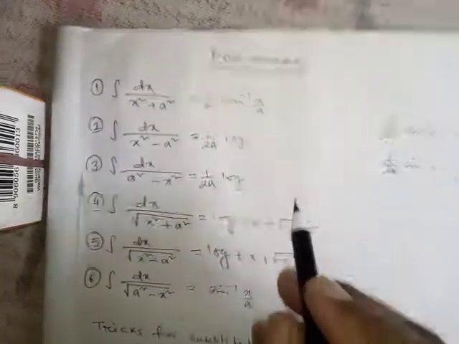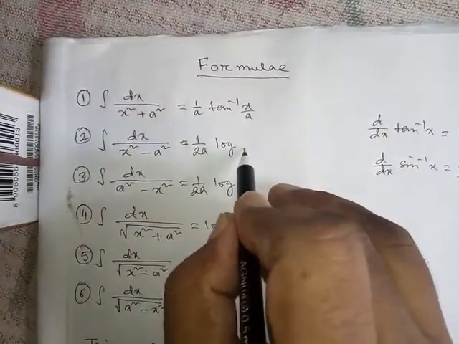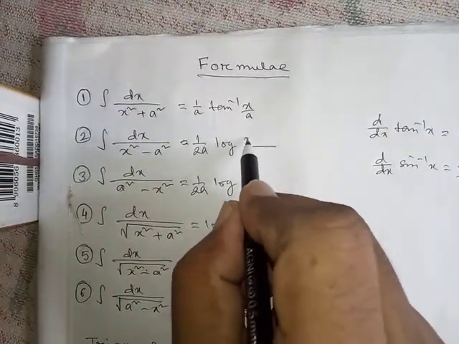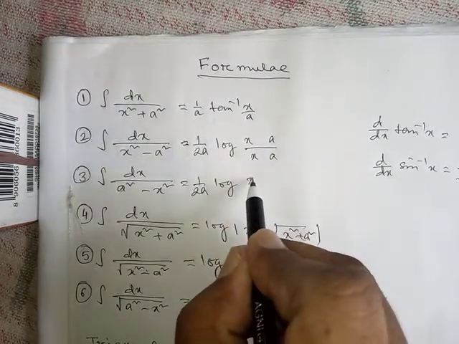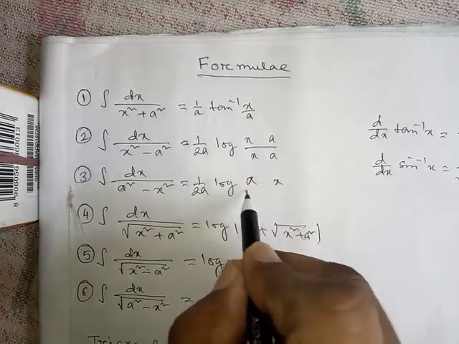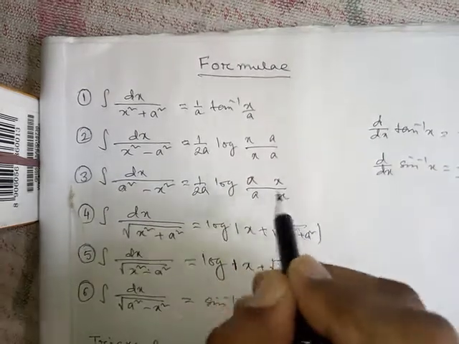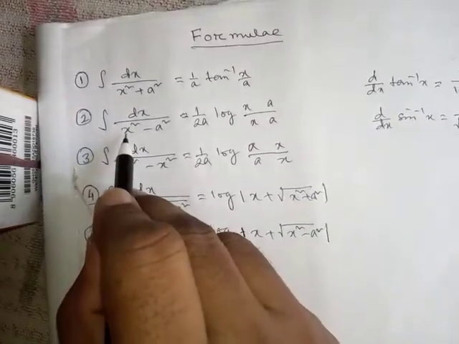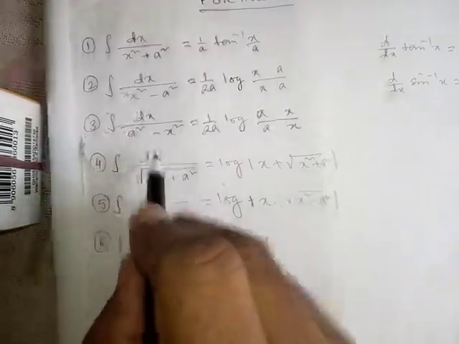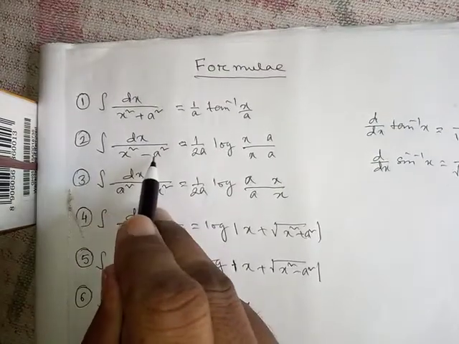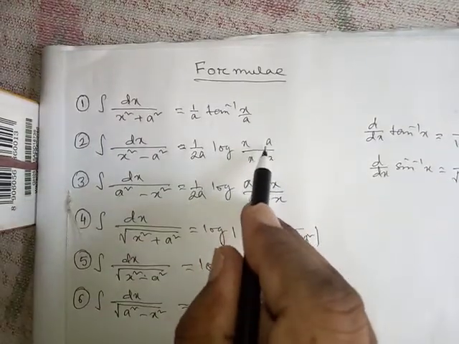Now for these you have to remember this way: x a x a x a x. Why? See here x is before a. Here the order of x and a are kept unchanged.